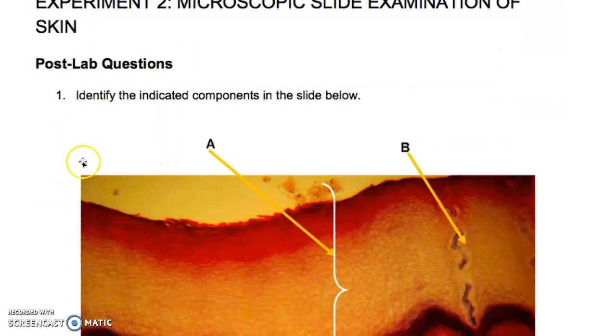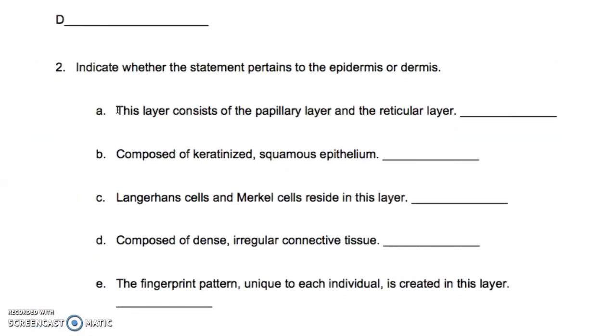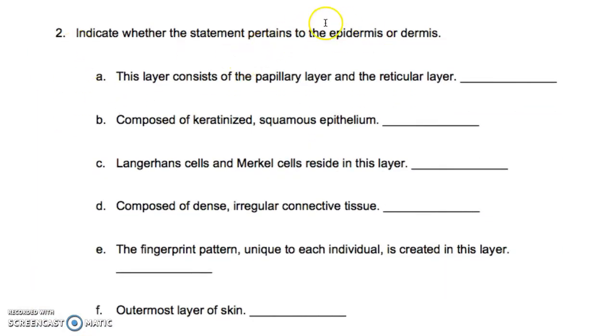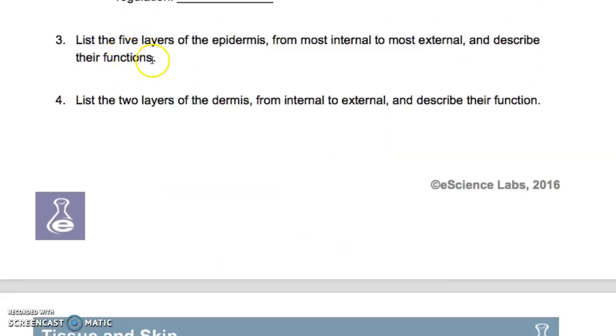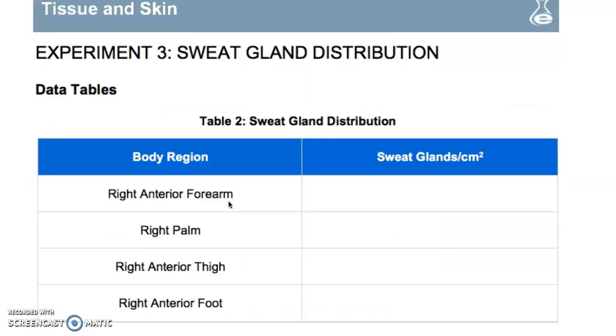Your Blackboard assignment says you don't have to worry about number 1, but it asks you to start with number 2. Identify whether each of these pertains to dermis or epidermis. That's where this question is, where you're just putting in Blackboard dermis or epidermis for each of these. And then it has the short answer questions, all about the layers of the epidermis and dermis.